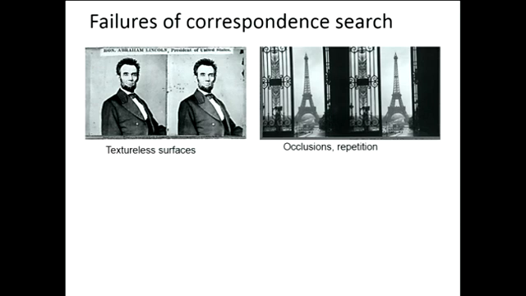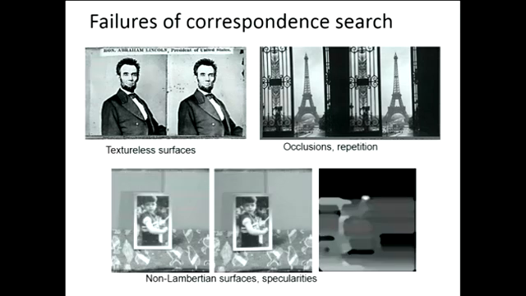And then a final problem, which is really common, is that stereo doesn't work on non-Lambertian surfaces because of the specularities. So here are two pictures of a photograph that's a specular surface, and here's the depth that's recovered. It's really bad. It's because if you have a specular surface, or a surface that has some specular component, then the image that you see will depend on the angle that you're viewing it from, right?